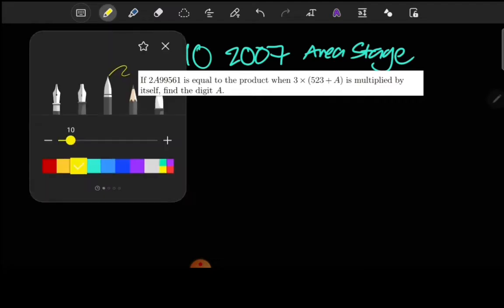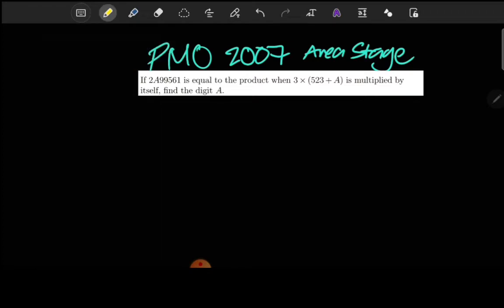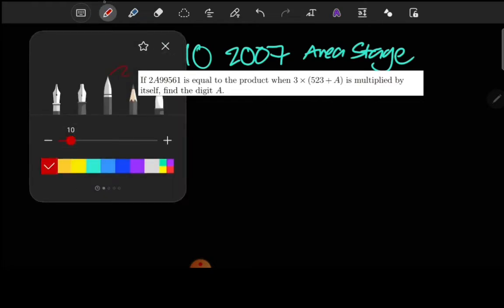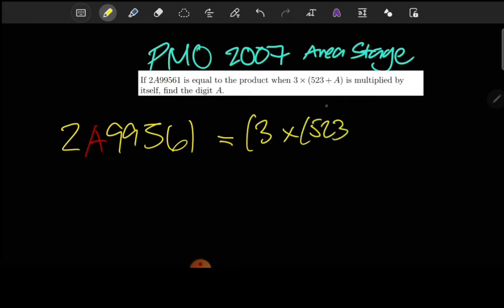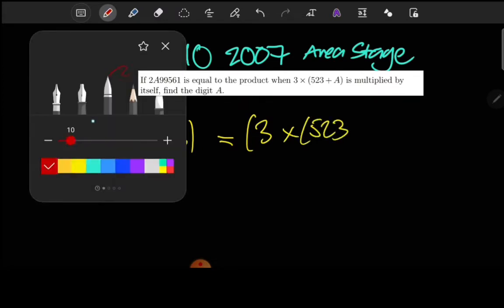To make things easier, we're going to convert this English sentence into a mathematical sentence. So 2a99561 is just equal to the square of 3 times the quantity 523 plus a.